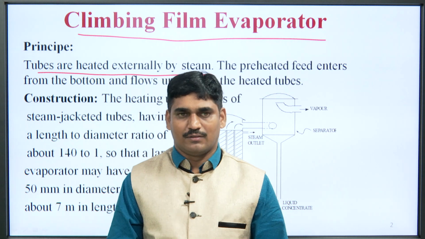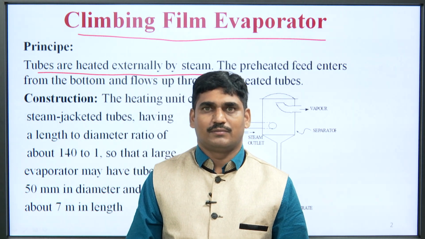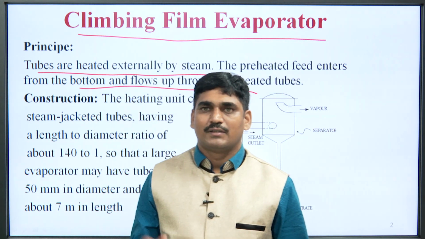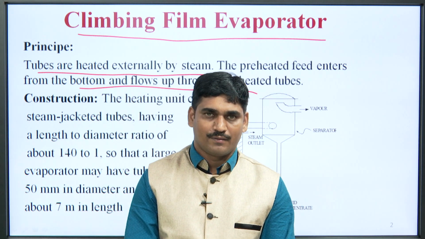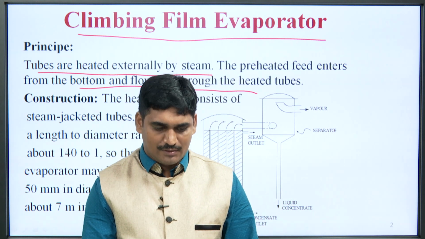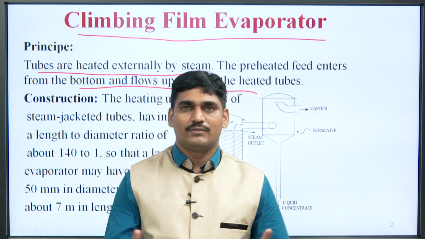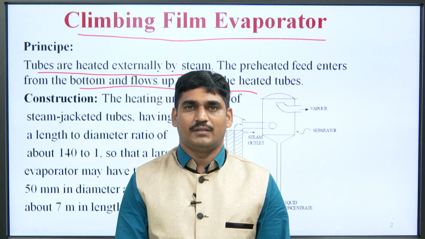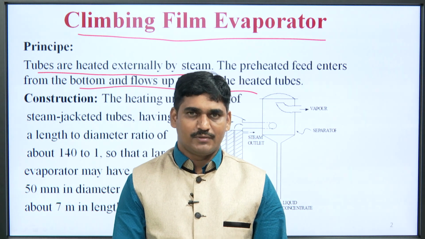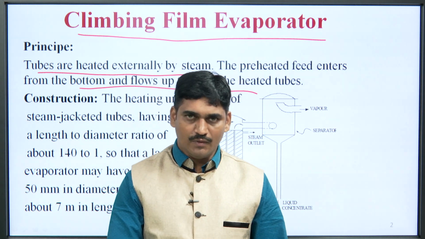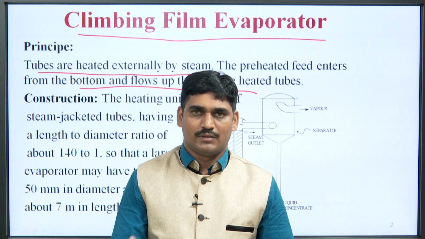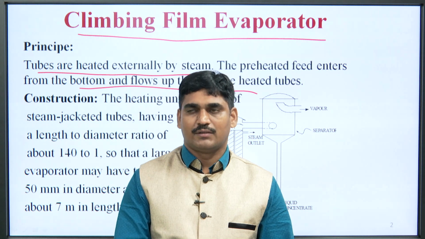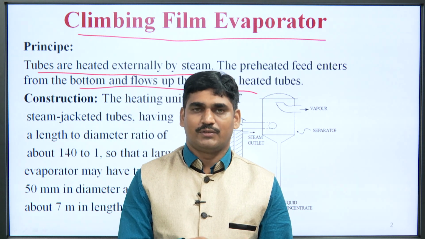Preheated feed or cold feed both can be entered in this evaporator from the bottom and flows up through the heated tubes. Okay. The construction of this evaporator, the heating unit which is used in this case consists of steam jacketed tubes. Since steam is used as a source of heat, it consists of steam jacketed tubes which have a length to diameter ratio of 140 to 1.